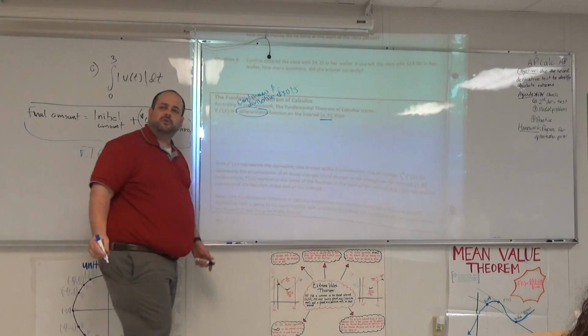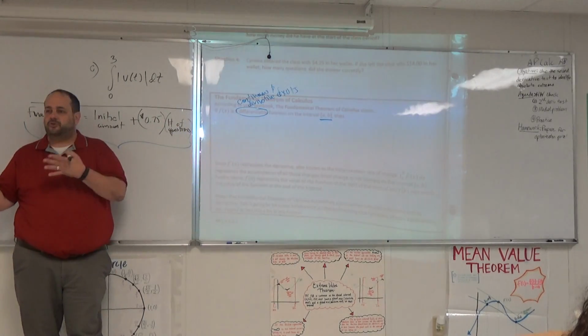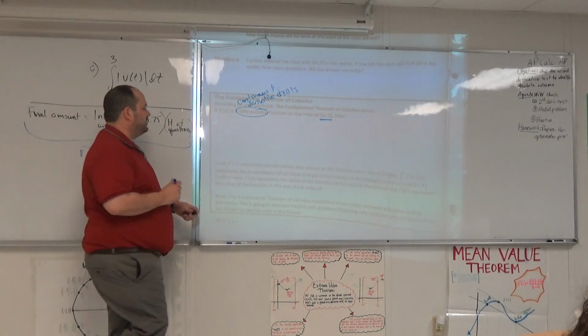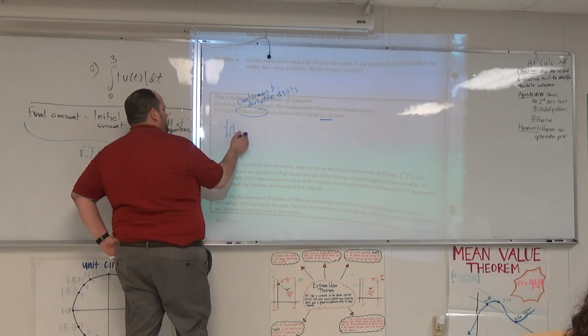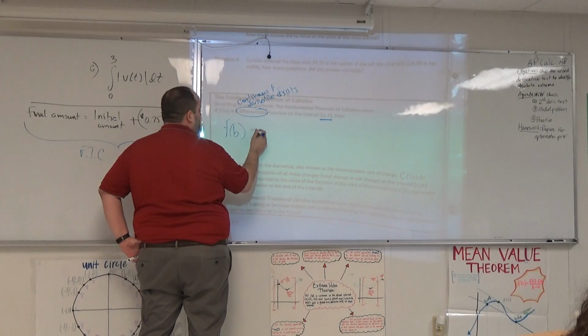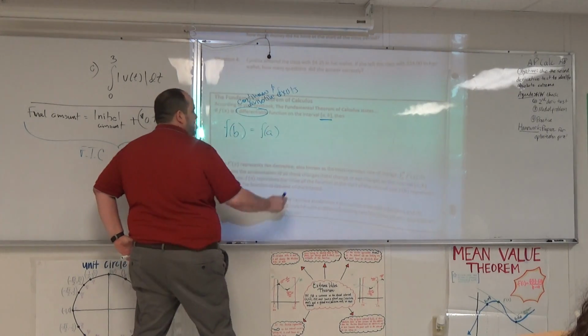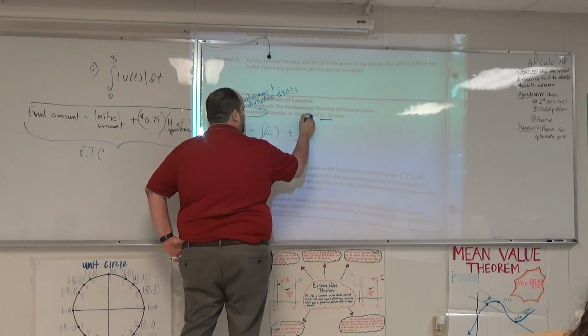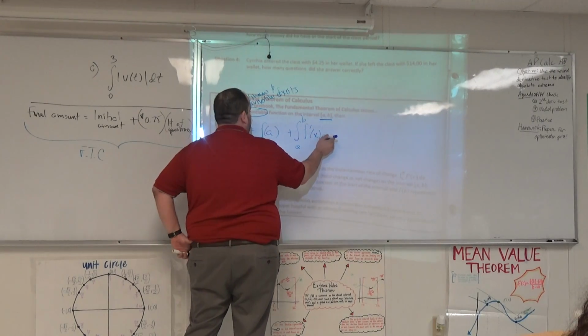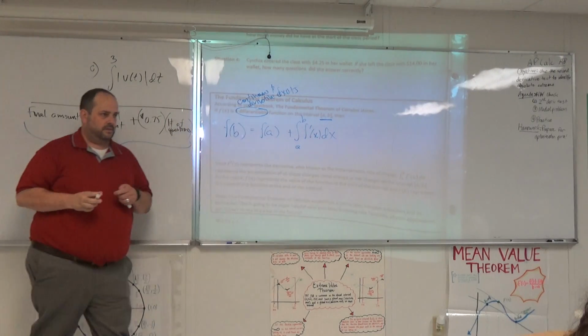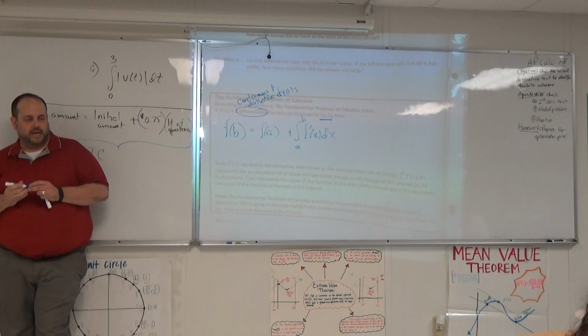So it doesn't have to be true everywhere, but it has to be true on this particular interval. Then the fundamental theorem of calculus says that f of b equals f of a plus the integral from a to b of f prime of x dx. This is the fundamental theorem of calculus.